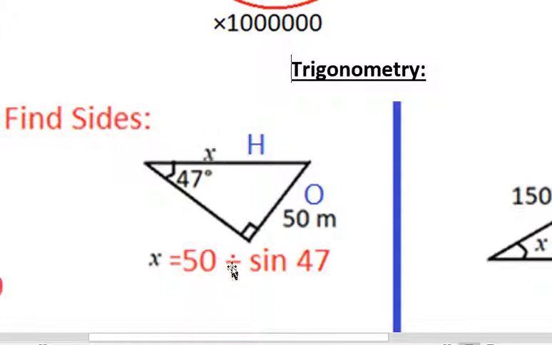So we've got divide there. 50 divided by sine 47. Now once again, which way around do we do this? We're given 50, we're given 47. Well, which one's first? It's always the side first. Side 50 divided by sine followed by the angle in every case.